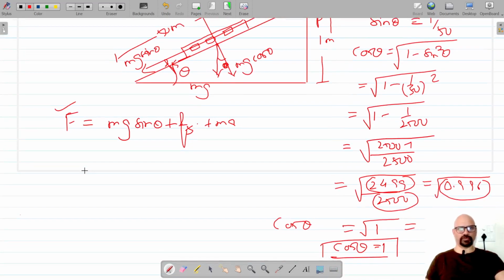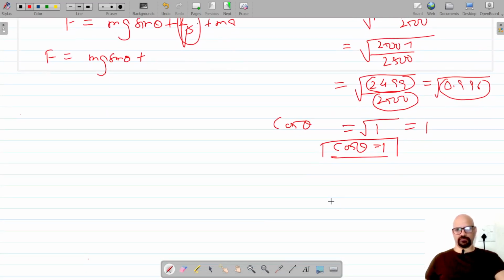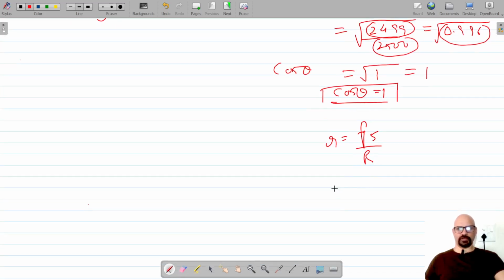So this is the force required to pull the train up on this inclined plane. This is mg sine theta, and this has to be the maximum force of friction. So mu is the maximum force of friction divided by the normal reaction, so friction should be equal to mu into R.